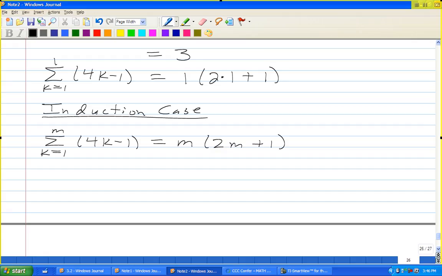Okay. Then let's look at the sum, k equaling 1 to m plus 1, which is equal to the sum of the first m elements plus the last one.